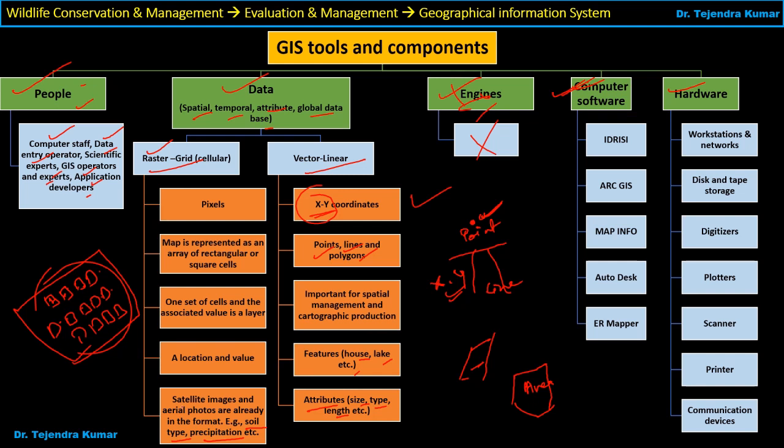Different types of attributes like cultivated, grazing, forest, development, recreation, and preservation are there. Whenever we place one on top of another, we get better results.